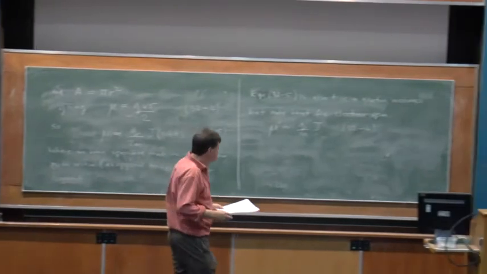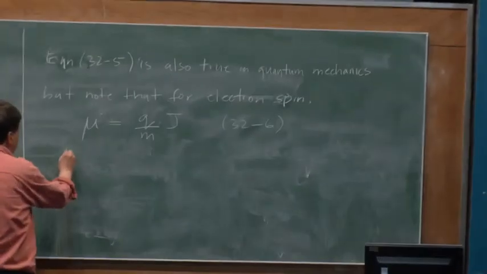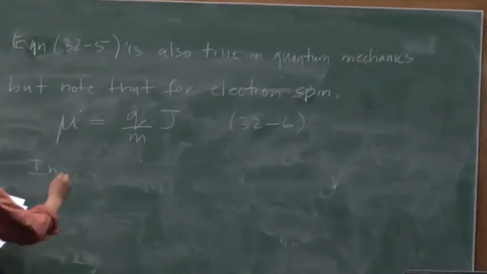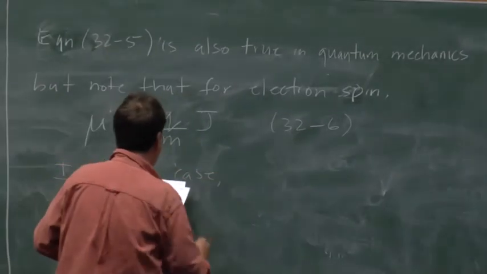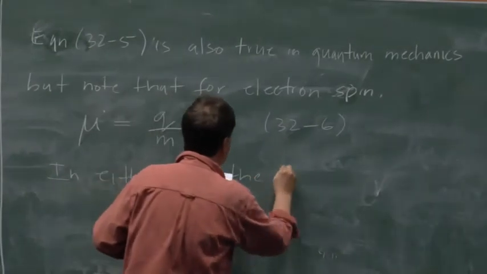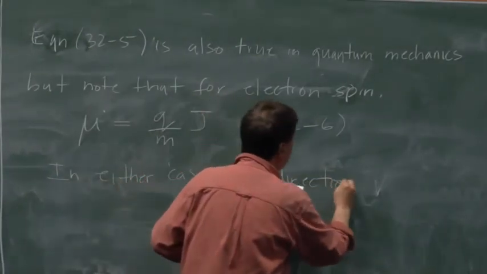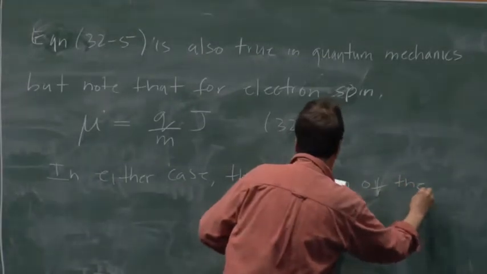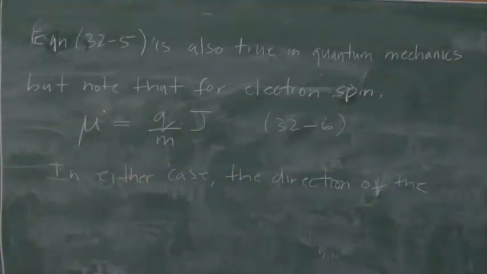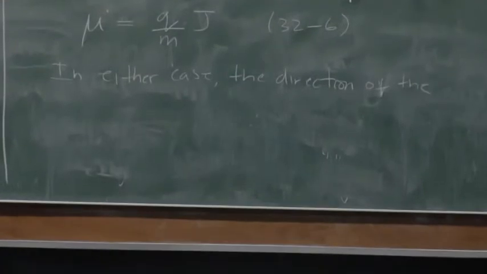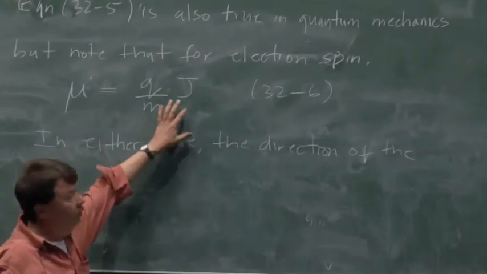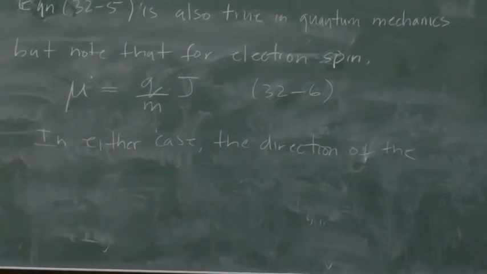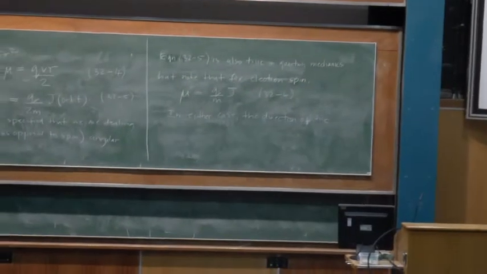But at least, and this is the last note I'll make on this analogy, in either case, the direction of the magnetic moment, this is almost as far as we can pursue the analogy, because we've already got a relationship, equation 32.6, that we cannot possibly derive from classical mechanics.